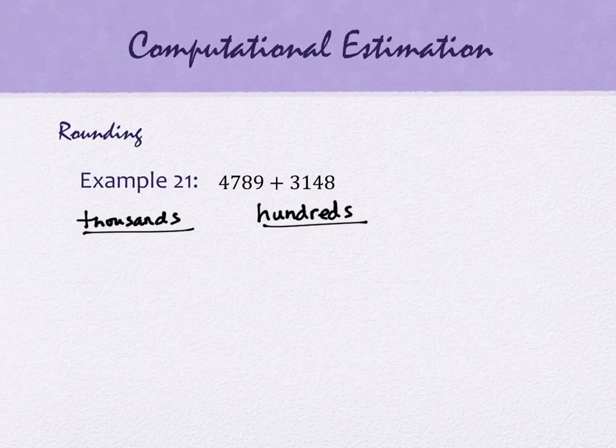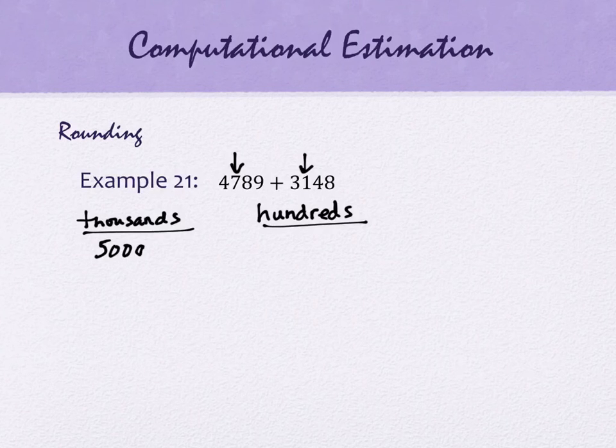As you remember, if we're rounding to the thousands place, we look in the hundreds place to decide if we're going to round up or down. 5 and up, I round up. 4 and down, I round down. So the number 4789 is either 4,000 or 5,000 because those are the 2 numbers on either side of 4,789. And the right number is 5,000, right?